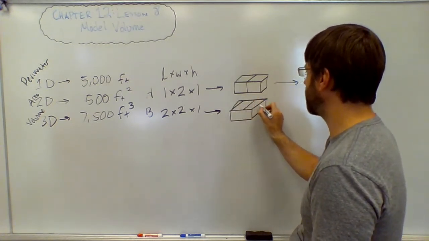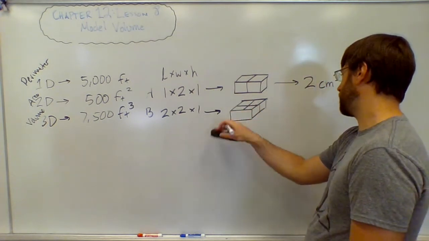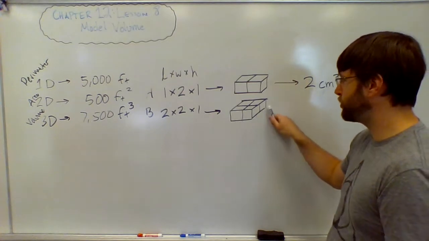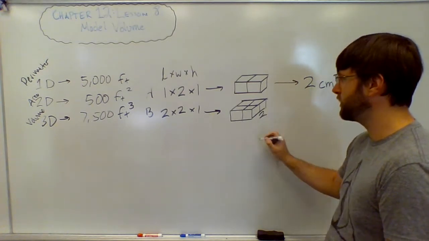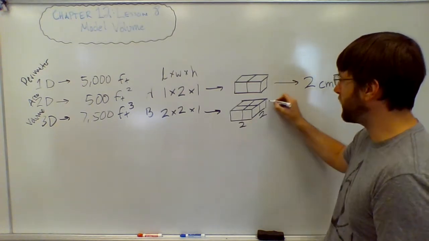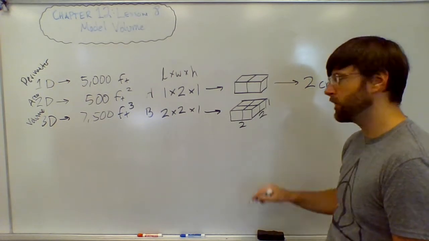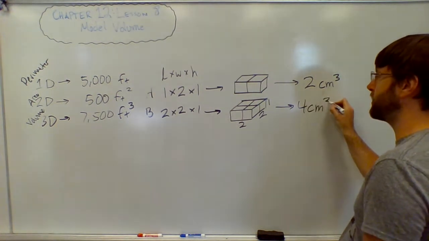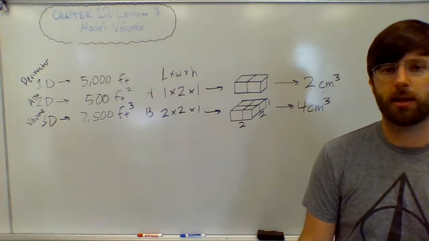It'll work out. Okay, there we go. So now I've got something that is 2 long. Here's 2. It's 2 wide. There's 2, and it's 1 tall. There's 1. So how many cubes did it take? Took 4. Took 4 cubic centimeters to make that shape.